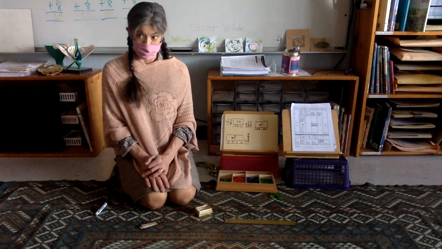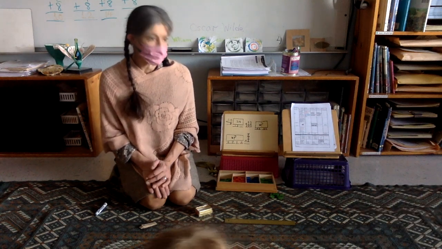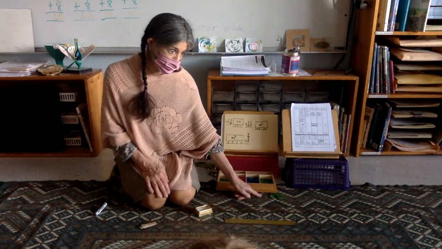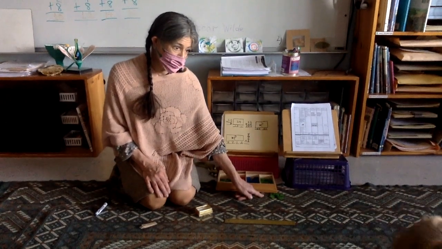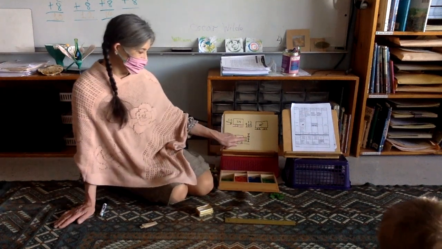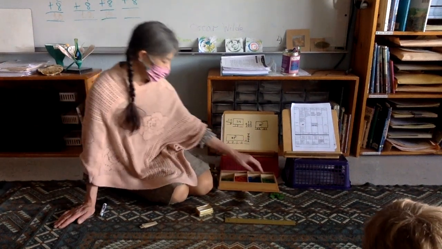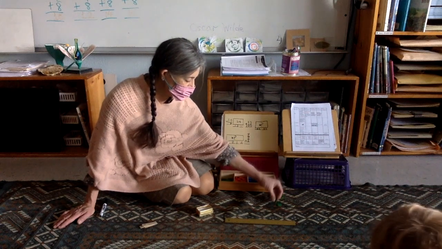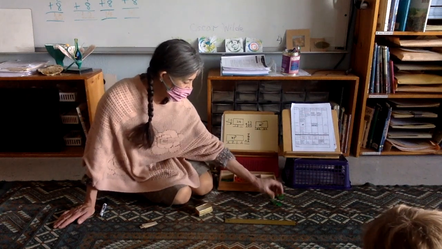Now we have 7. Good. Put them up here for the top adding. It's good. Now we're going to make what? 4. Okay. 1, 2, 3.